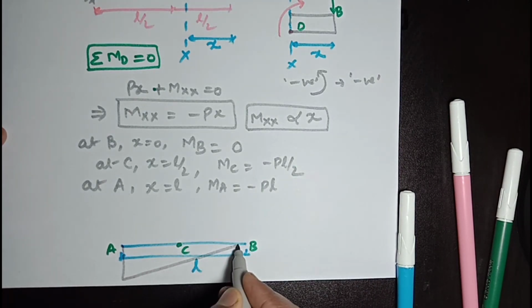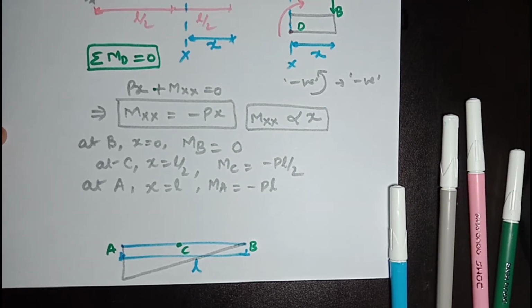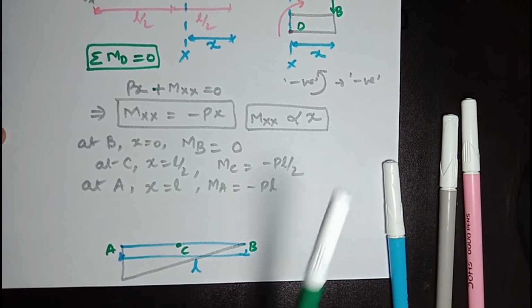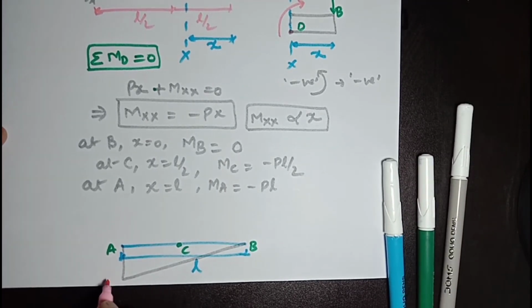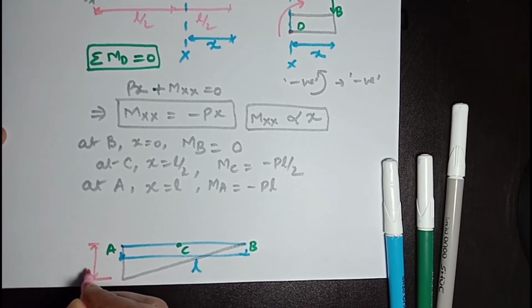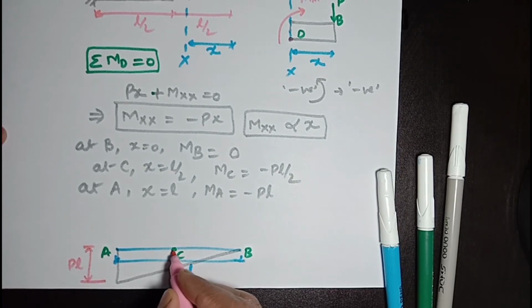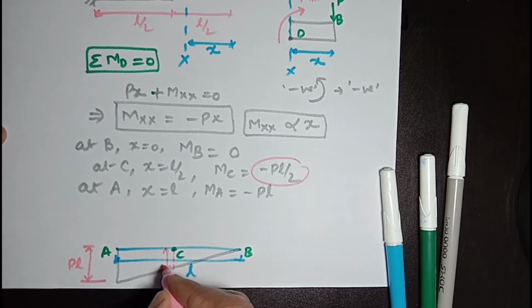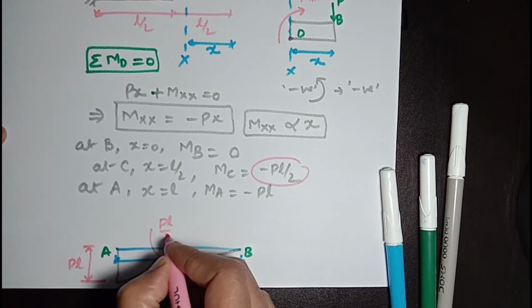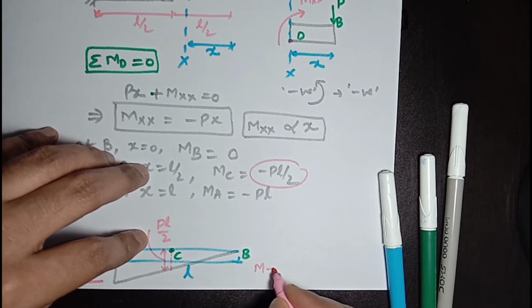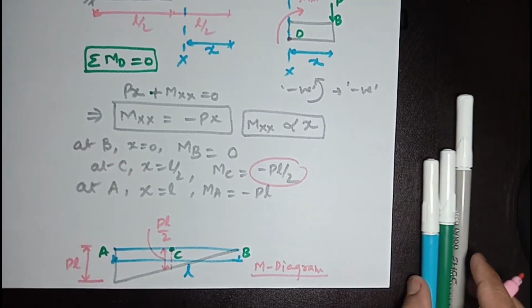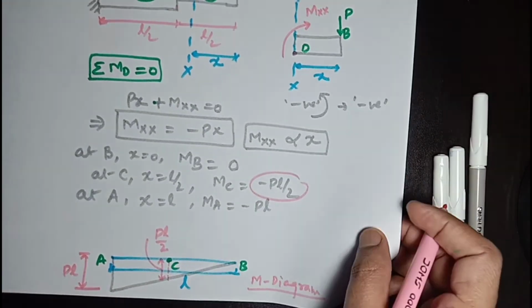Now at A, the bending moment value will be PL, and at C, where the bending moment value is minus PL by 2, here it will be PL by 2. This is the M diagram. On the basis of this M diagram, we will be drawing the M over EI diagram.